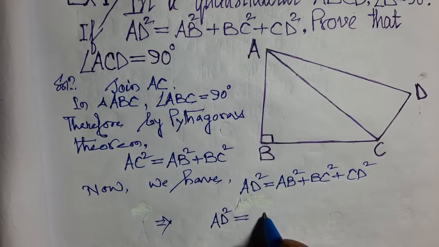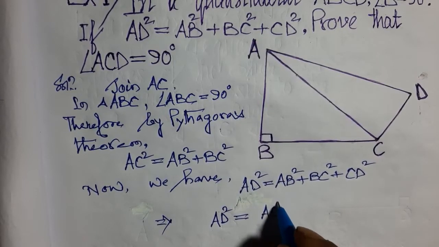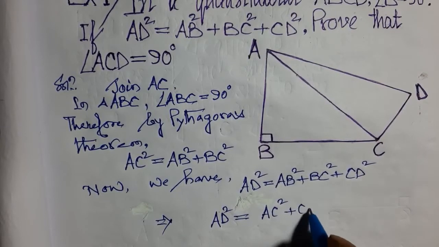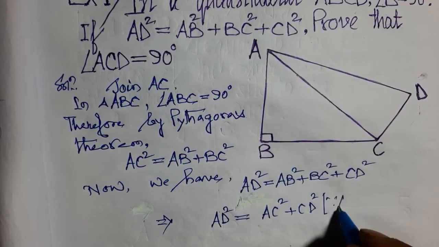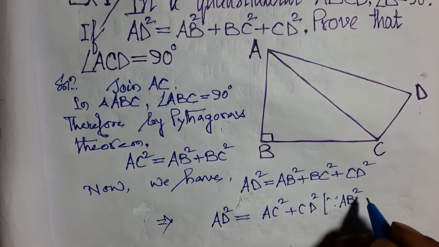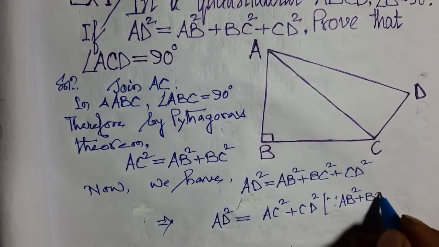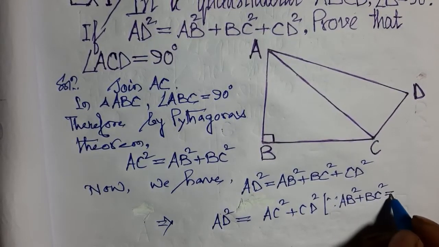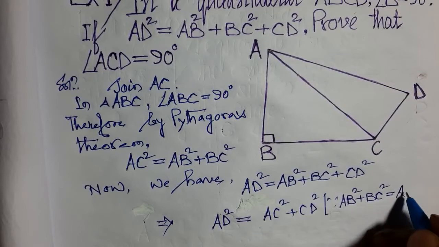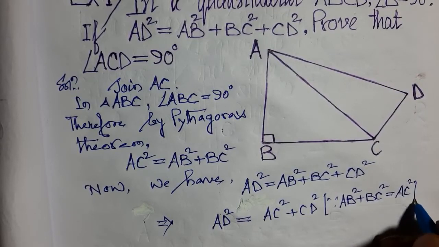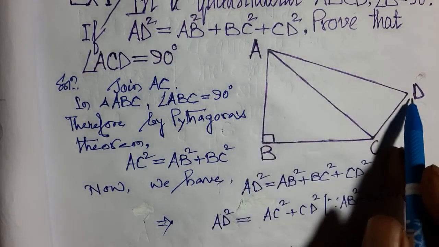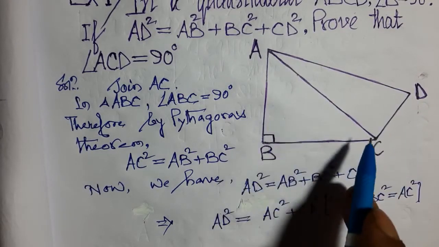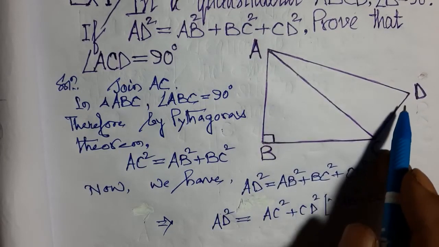Therefore, it can be written as AC square plus CD square, since AB square plus BC square is equal to AC square. Therefore, AD square is equal to AC square plus CD square.